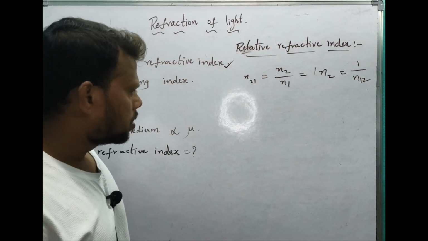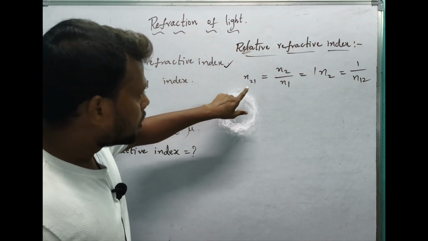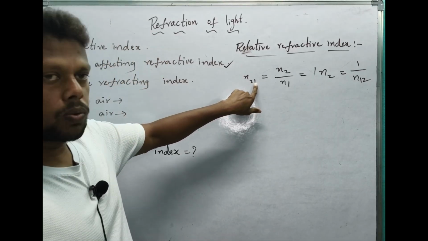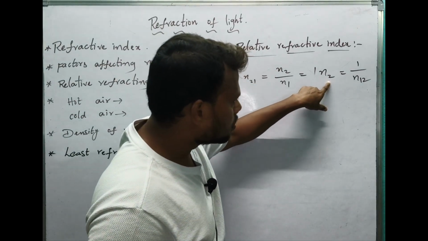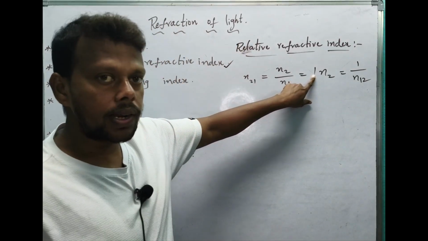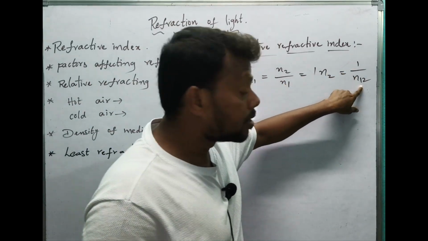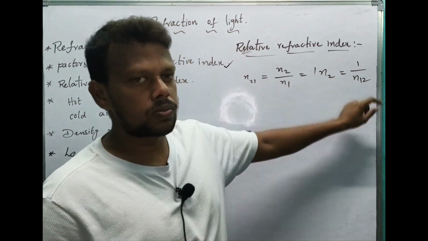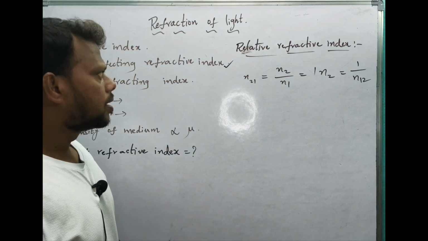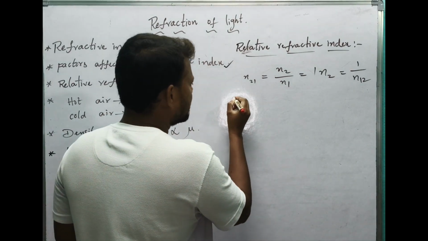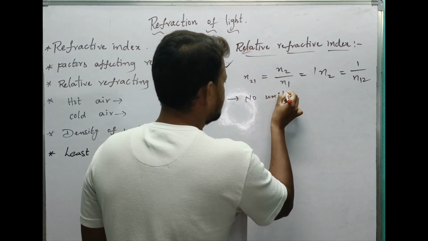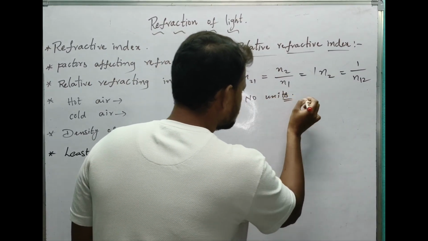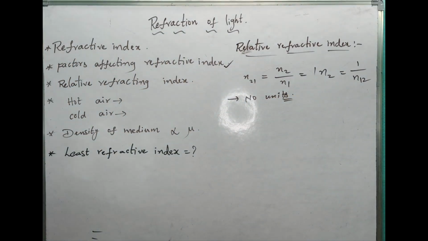So all are equal: n2 by n1 is the refractive index of medium 2 with respect to 1, which is 1 by the refractive index of 1 with respect to 2. It has no units. It is a pure number.